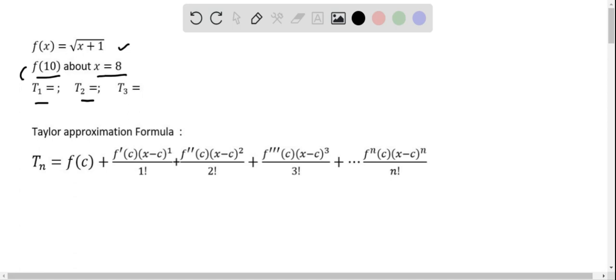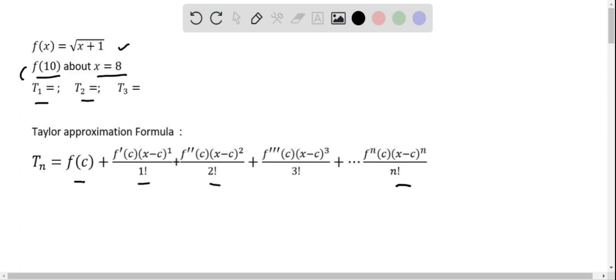To find the Taylor approximation, we will be using this formula, where Tn represents the nth degree Taylor approximation, and this is equal to f of c plus f prime of c times x minus c raised to the power of 1 divided by 1 factorial, plus f double prime of c, which is the second derivative of f of x centered at c, multiplied with x minus c squared divided by 2 factorial, plus f triple prime of c multiplied with x minus c cubed divided by 3 factorial, and so on till the nth derivative of f of x centered at c multiplied with x minus c raised to the power of n divided by n factorial.